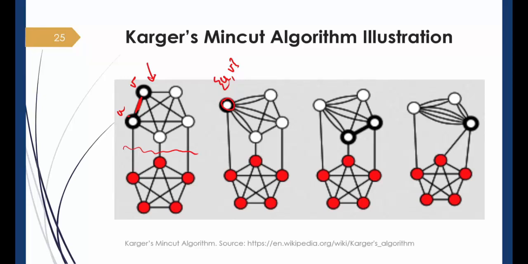And of course, the self loop is thrown away, but notice that there are multi edges that are created. So, for example, there is an edge between v and let us say x. There is also an edge between u and x. Now, between the super node that includes u and v and x, we have to include both of those edges. And then we proceed, and similarly all other multi edges also are being retained.